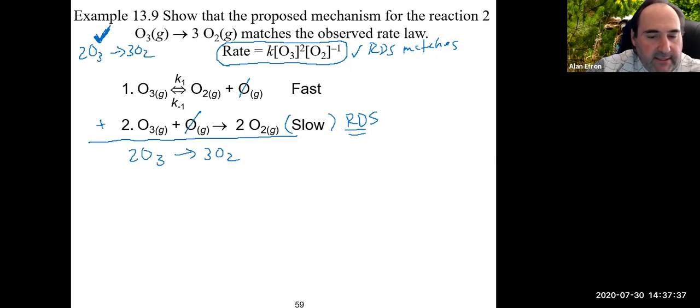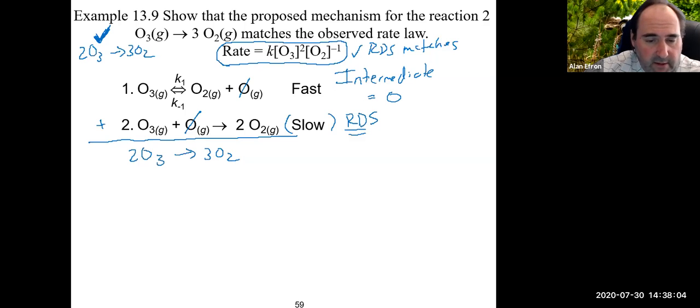What that means is when we take the rate law for that step, it should have the same rate law as the one that's found experimentally if it is a good mechanism. By the way, when we look at this mechanism, we do have an intermediate, right? And the intermediate here is O.